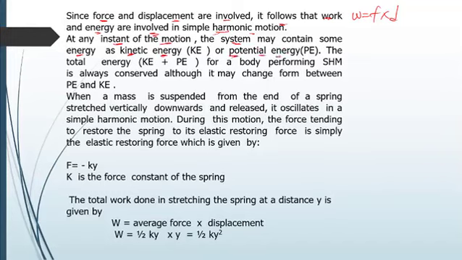The total energy of the system is given by the sum of kinetic energy and potential energy for a body performing simple harmonic motion. Energy is conserved and may change form, alternating between potential and kinetic energy. Now, when a mass is suspended from the end of a spring, stretched vertically downwards and released, the mass oscillates in simple harmonic motion, moving periodically to and fro until it comes to its point of equilibrium or rest position.